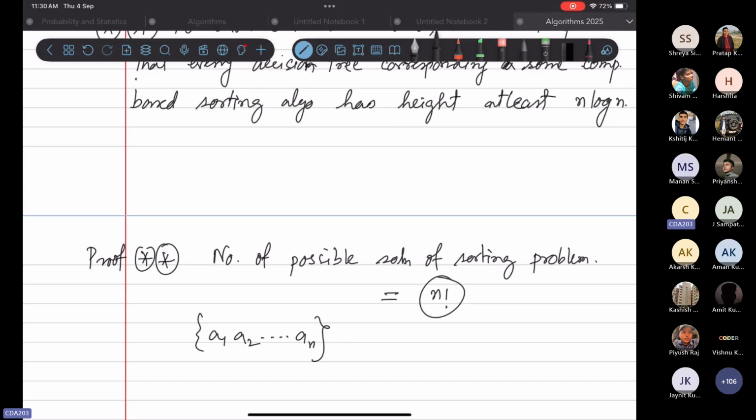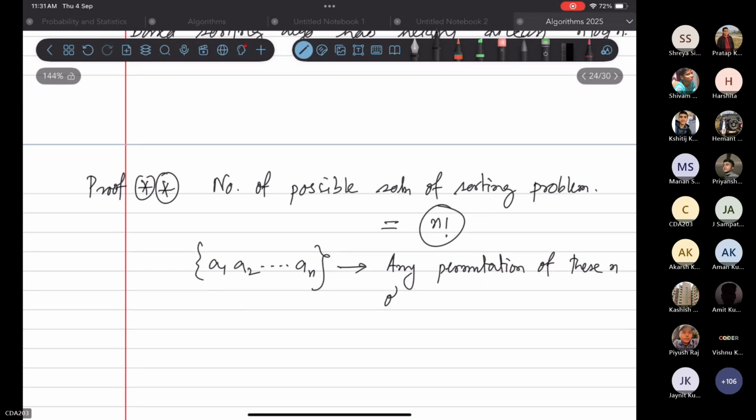Why? Any permutation of these n objects is a possible solution.